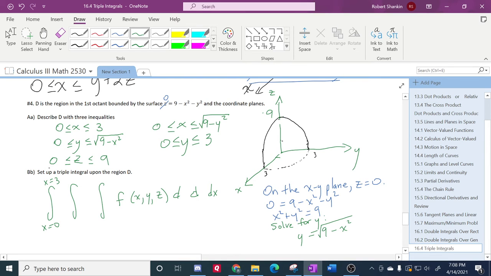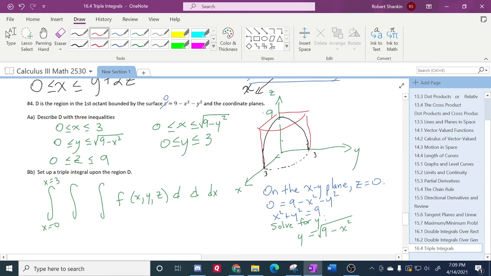But this part right here, nobody's complaining about this, and you should be. If we left it like this, we would not be getting this shape. We would be getting a cylinder. Do you see that?